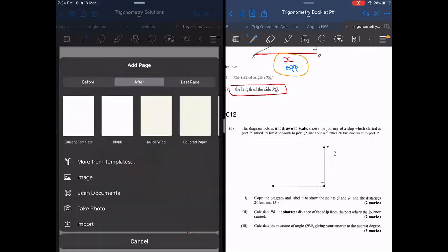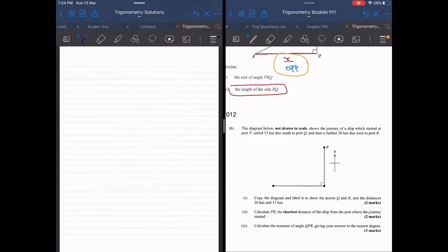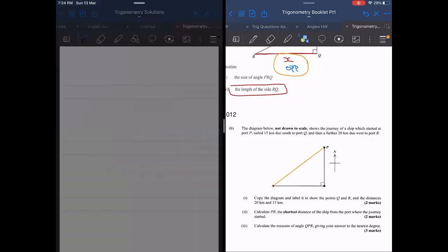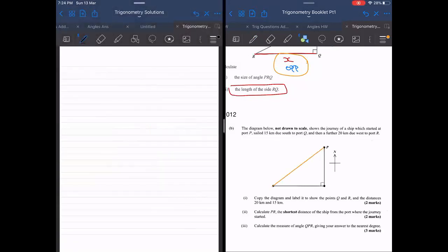All right. So, joining this, this would be the hypotenuse. And these would be the sides. So we know that this is the 15 kilometers, this is the 20 kilometers.